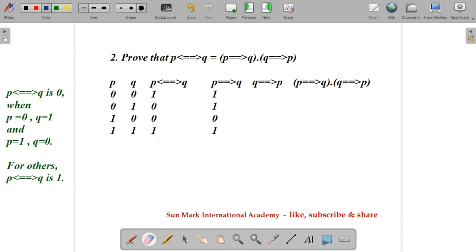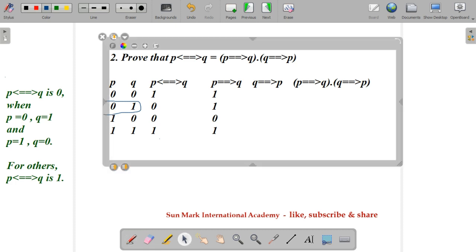The next column, Q implies P. Q implies P is 0 when Q equals 1 and P equals 0, in that case alone. For all others it is 1. So the others are all 1.